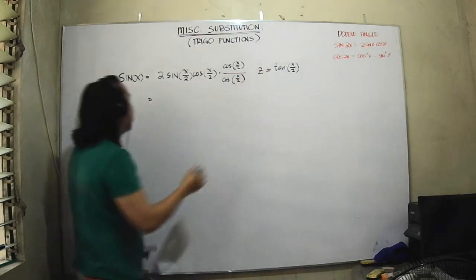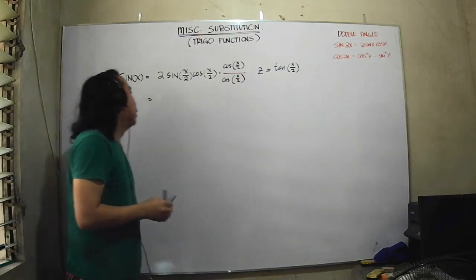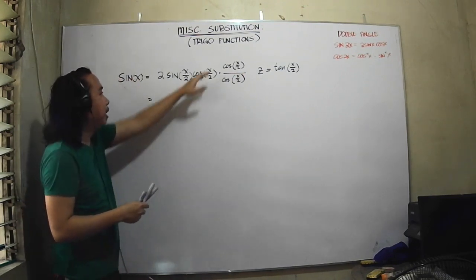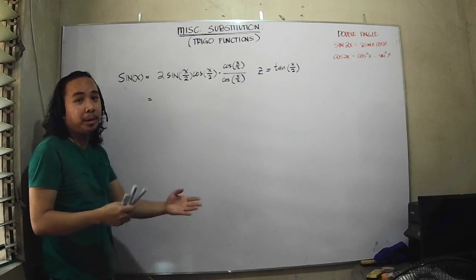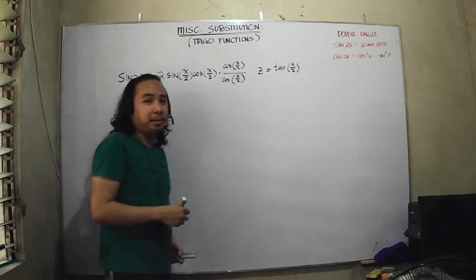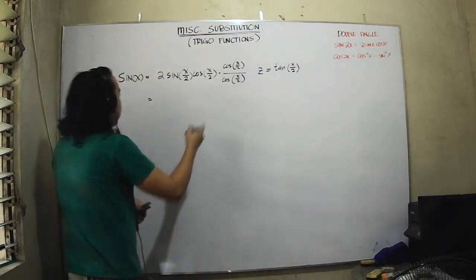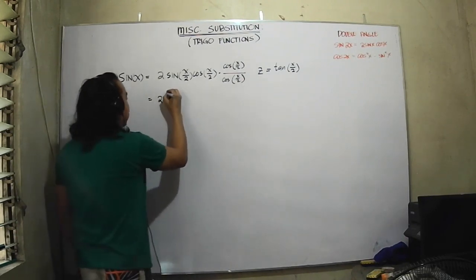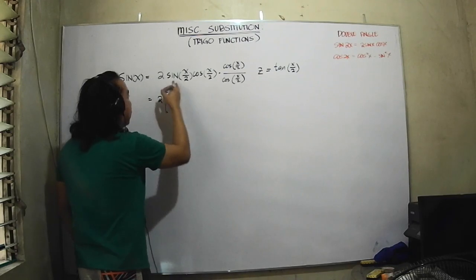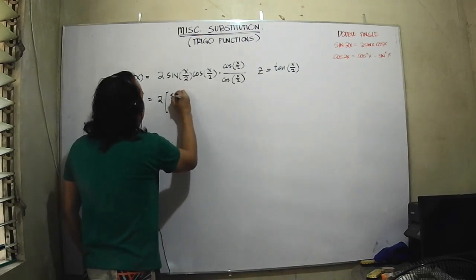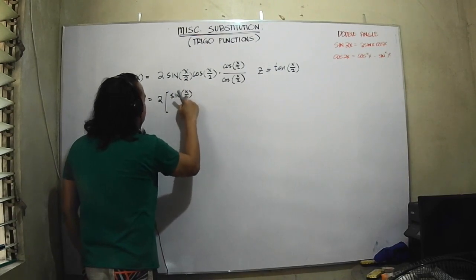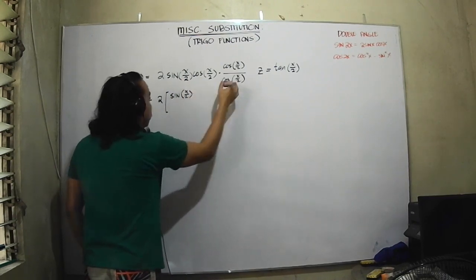There's no doubt about what I did, because the quality of the equation remains the same. Nothing changes in the equation, only its form. Now, in this case, I can take the 2 outside. I'll pair this sine with the cosine below.